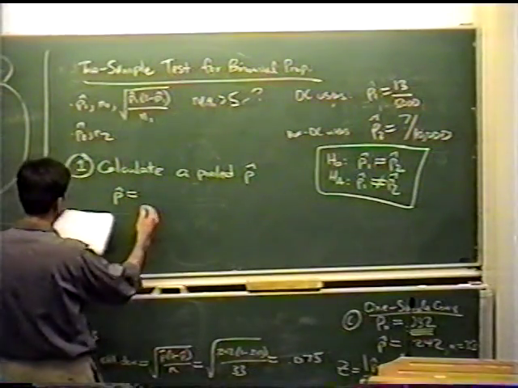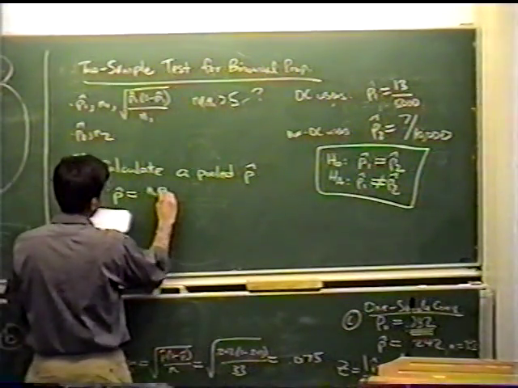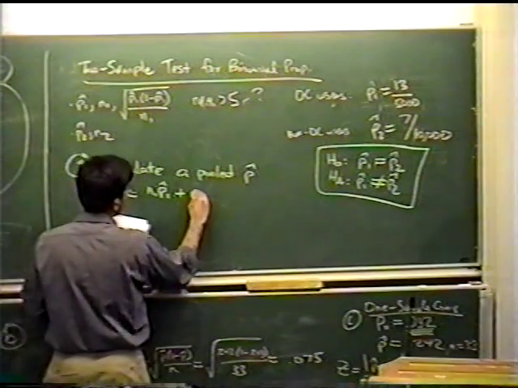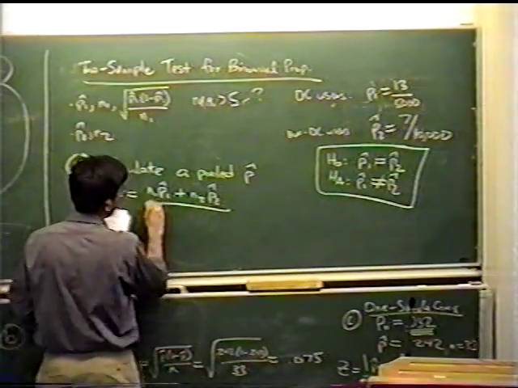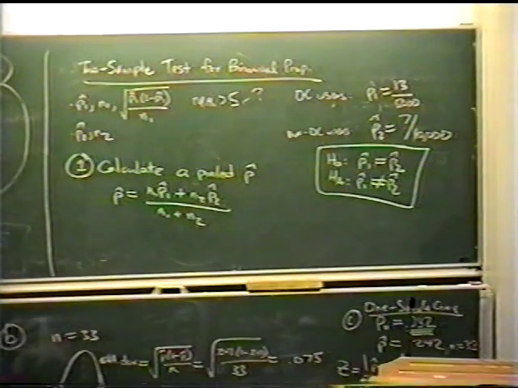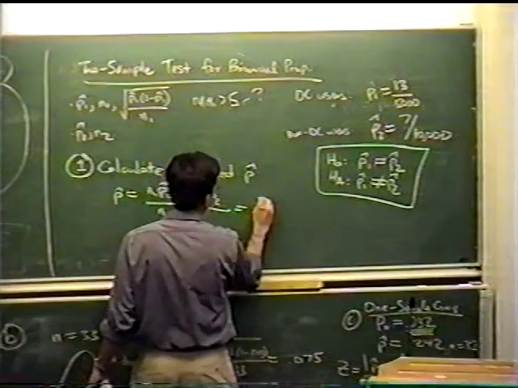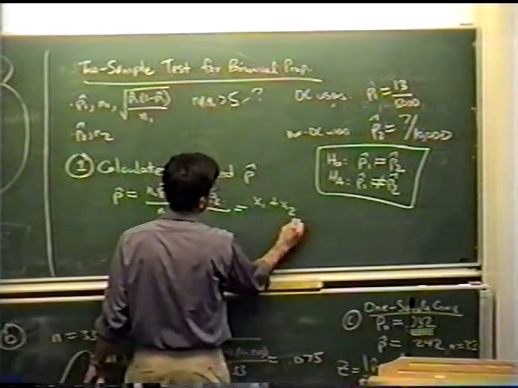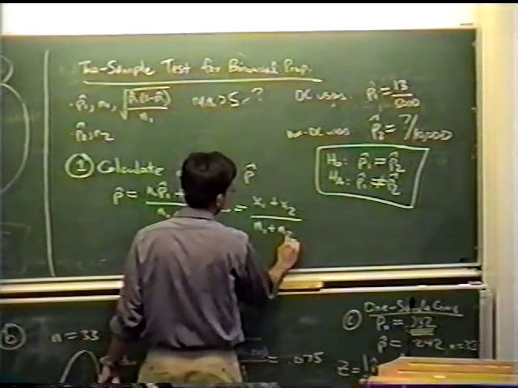and that's just equal to n1 p1 plus n2 p2 over n1 plus n2. It's a weighted average of the probabilities. Another way of writing this is that it's just x1 plus x2 over n1 plus n2. Okay?